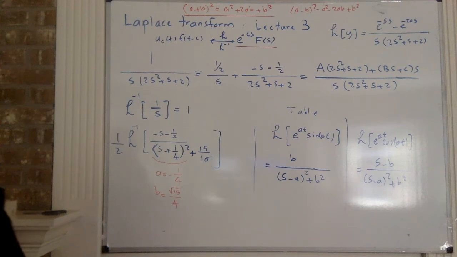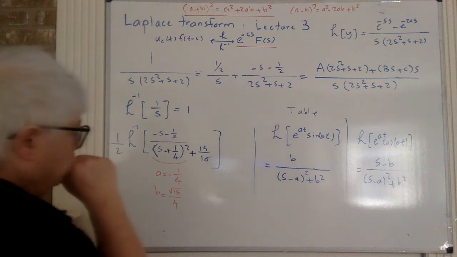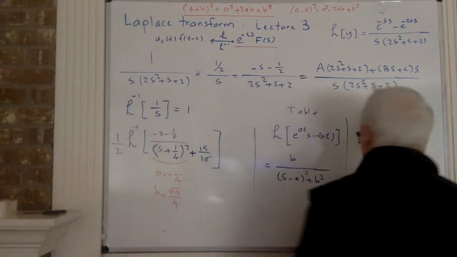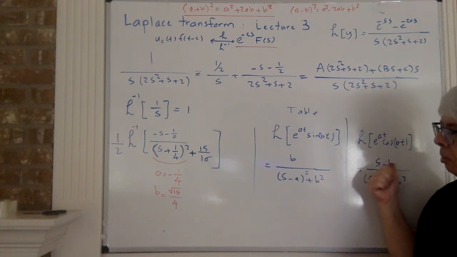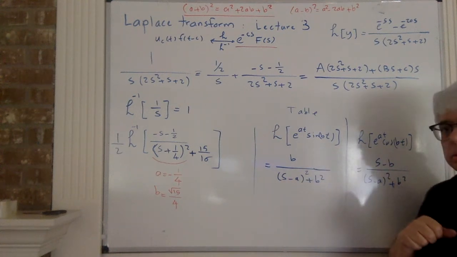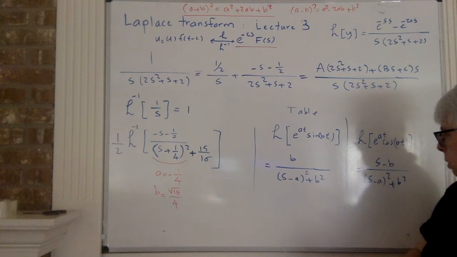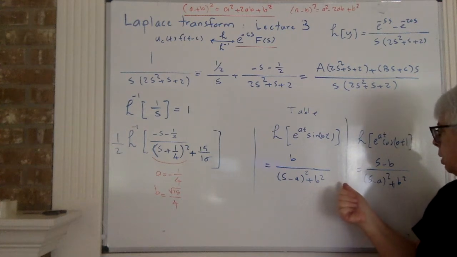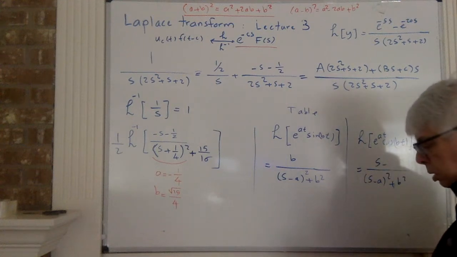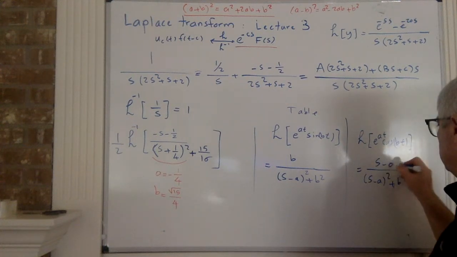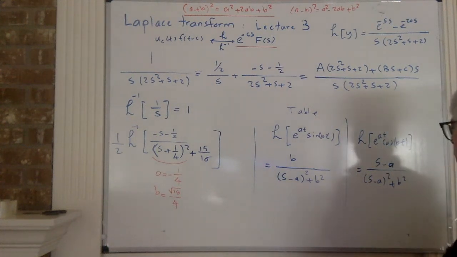Let me go back, because I have to check the answer at some point. So what do I need? I need this and s minus a, and let me add them to b squared. This is minus a.